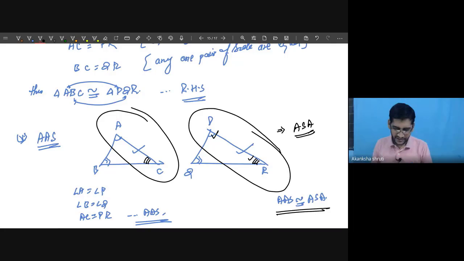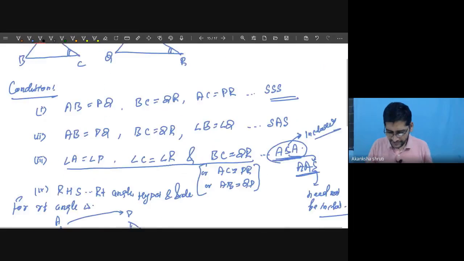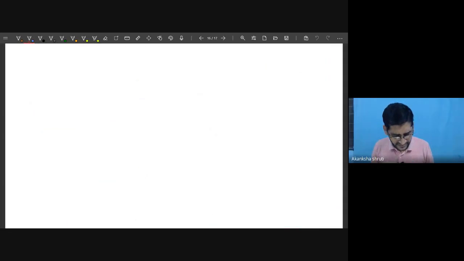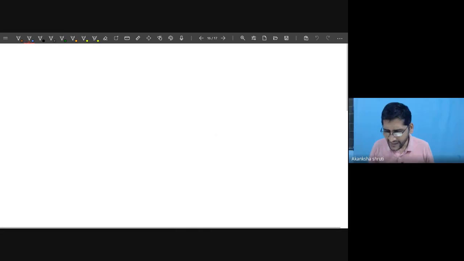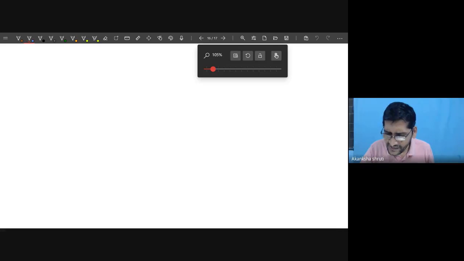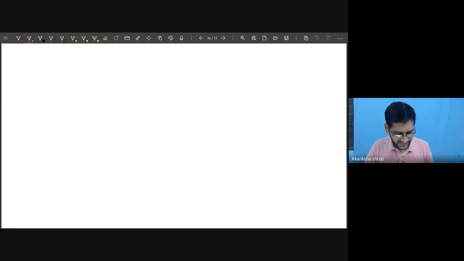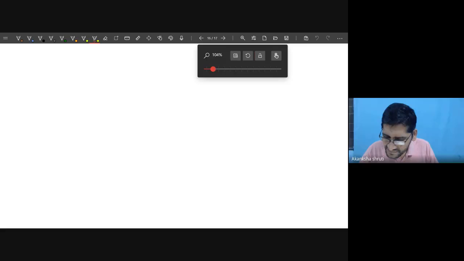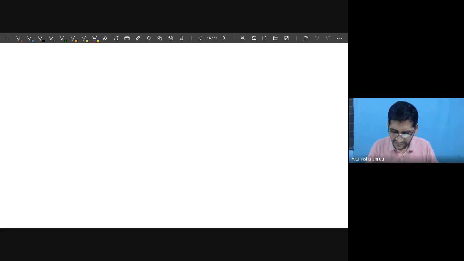So this was about our triangle. One more property of a triangle we have to learn. It is like this. Regarding the property of a triangle, we have to keep in mind the relation between the side and the line joining the midpoints.